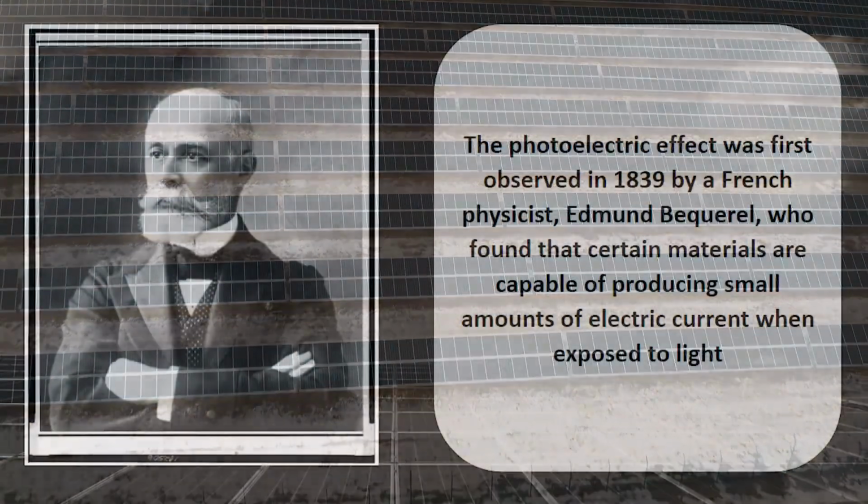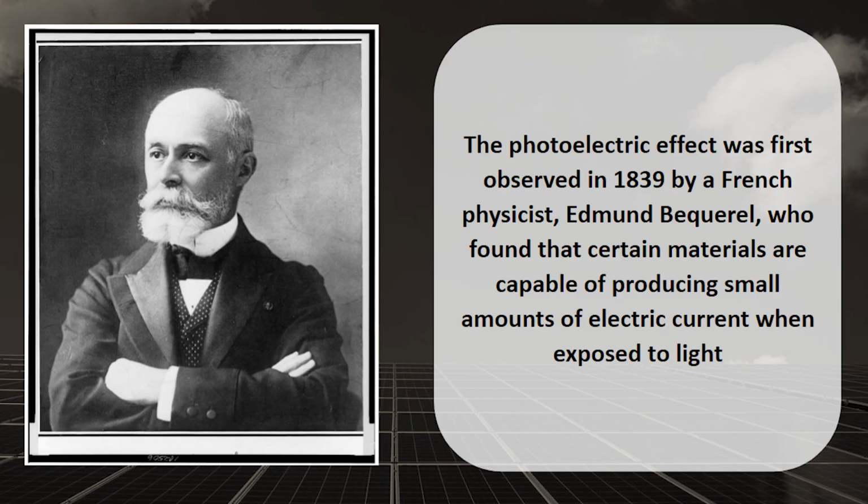The photoelectric effect was first observed in 1839 by a French physicist, Edmond Becquerel, who found that certain materials are capable of producing a small amount of electric current when exposed to light.